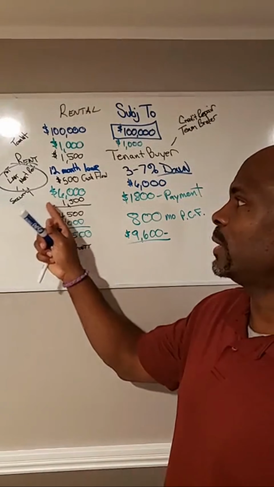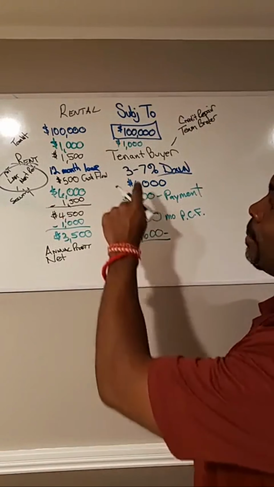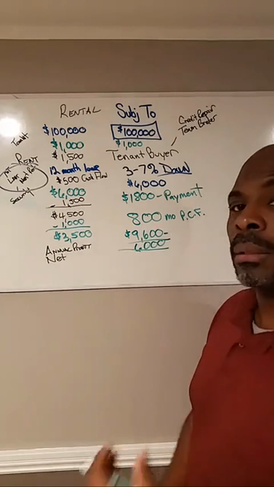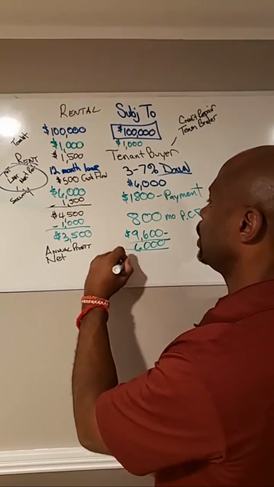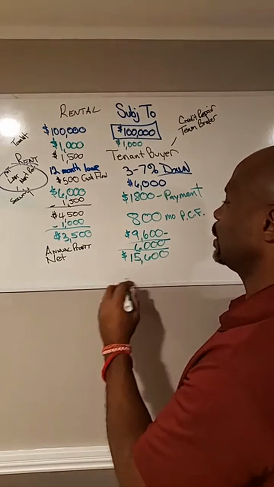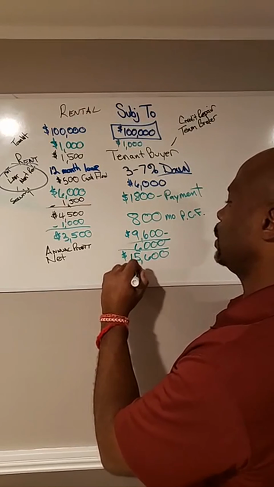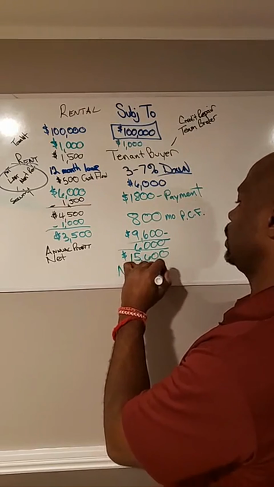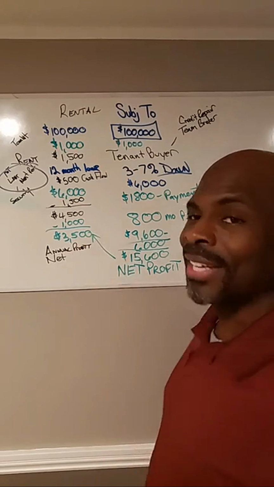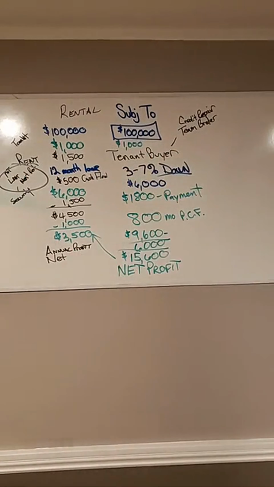It doesn't have to go into getting the property rent ready again. That stays in your pocket. Plus the $6,000 stays in your pocket also. So now you're at $15,600 at the end of the year net profit right here versus your $3,500 right there. Take a look at that. Which would you rather be doing?